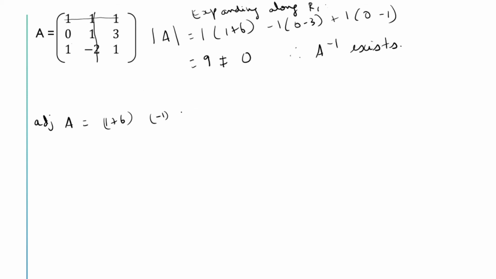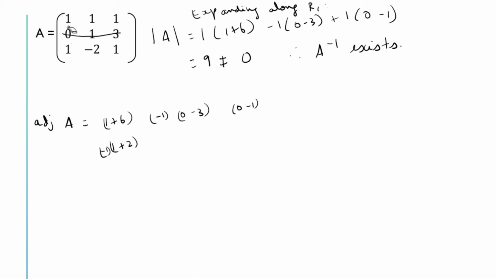So it is 0 minus 3. Then first row, third column, delete and take the determinant, 0 minus 1. Then second row, first column, we remove and take the determinant. So it is 1 plus 2 with a negative sign.